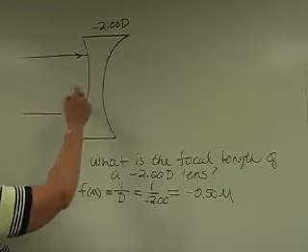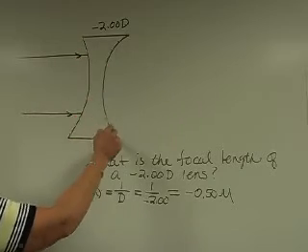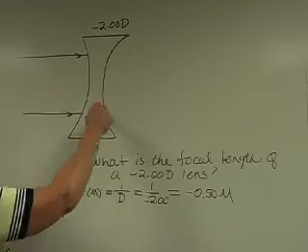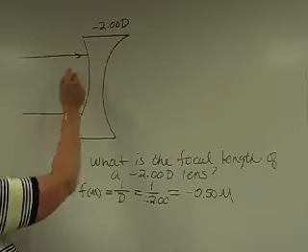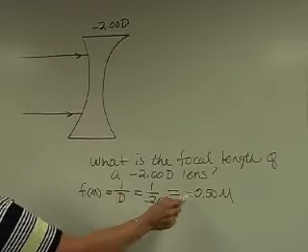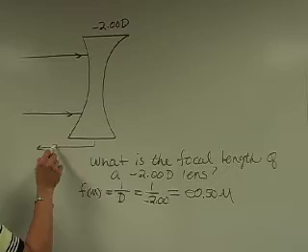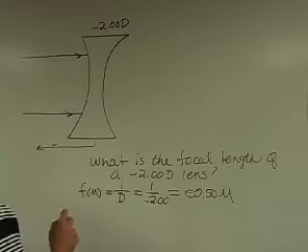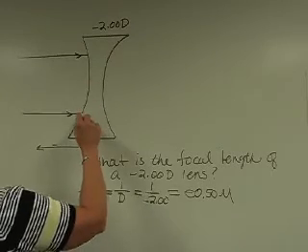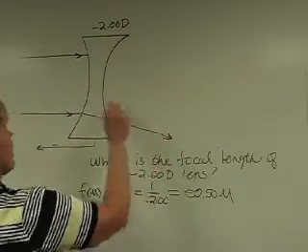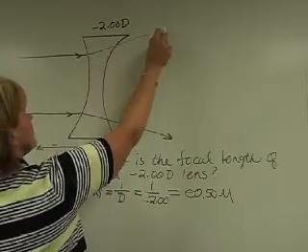This is a concave lens, so notice I've drawn it with the concave parts towards each other. The minus sign tells me that the focal length happens on the left side of the lens. So what happens with light is it diverges as it enters the lens.